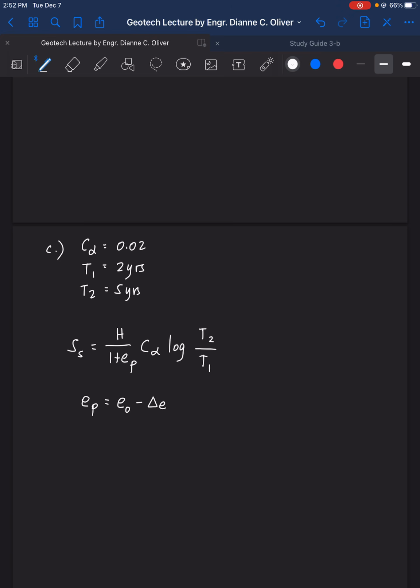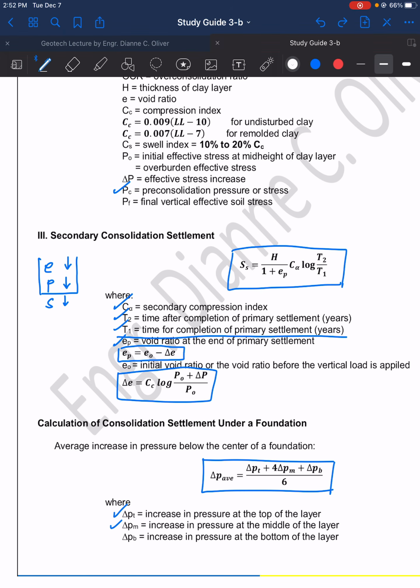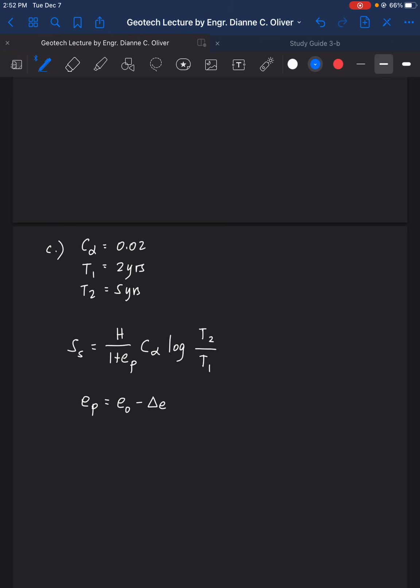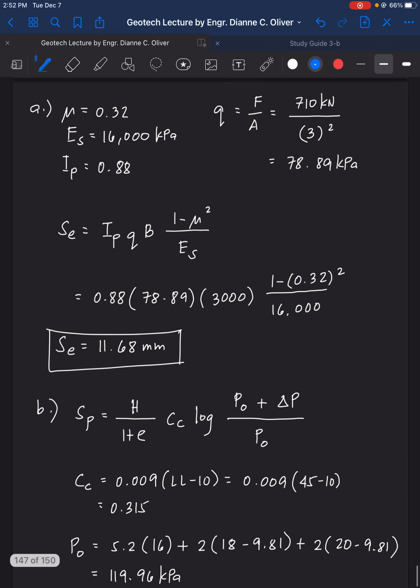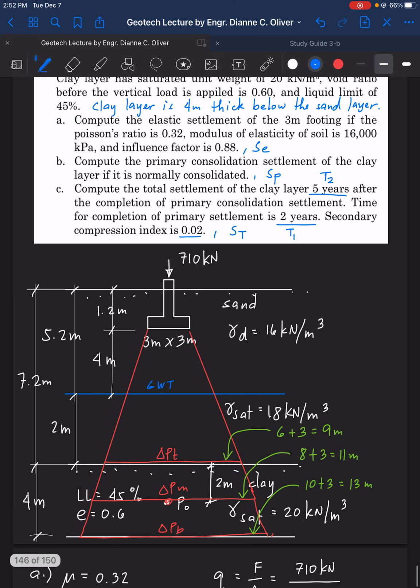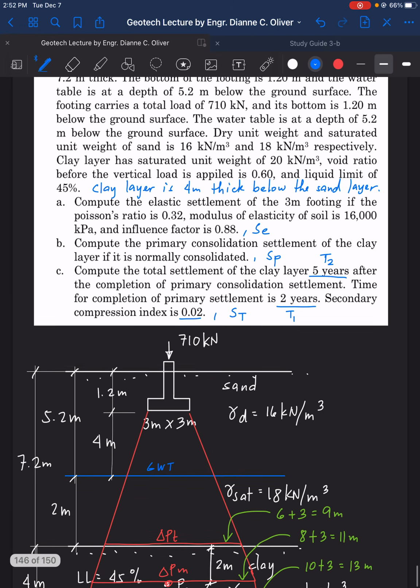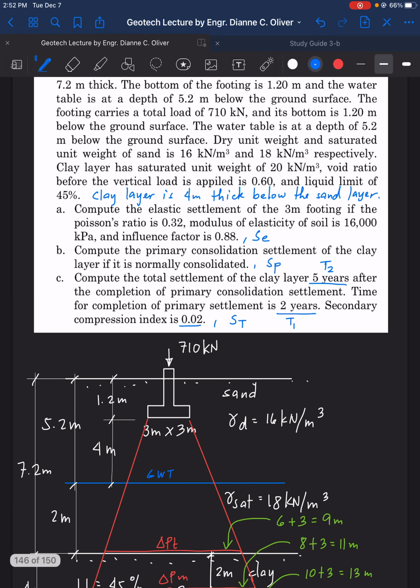So our e sub o here, or the original, or the initial void ratio. So here, e sub o is the initial void ratio, or the void ratio before the vertical load is applied. That means in the problem, the given void ratio here is actually e sub o.